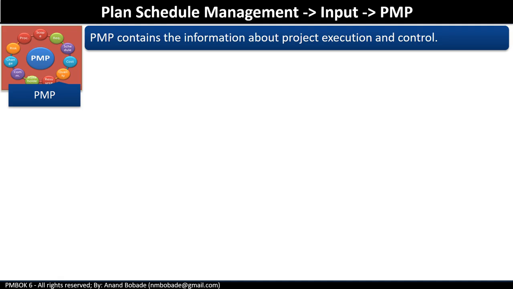Project management plan. Remember, the project management plan consists of multiple elements. For example, management plans for each knowledge area, project baselines, project life cycle, product development approach, and links to all project documents like requirement documents, issue log, risk register, etc. So what do you think? What are the key elements of a project management plan that may be critical for schedule planning?